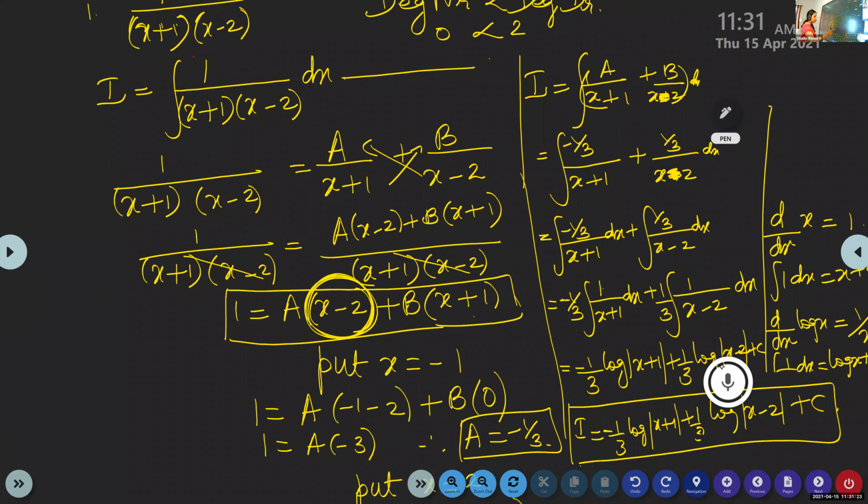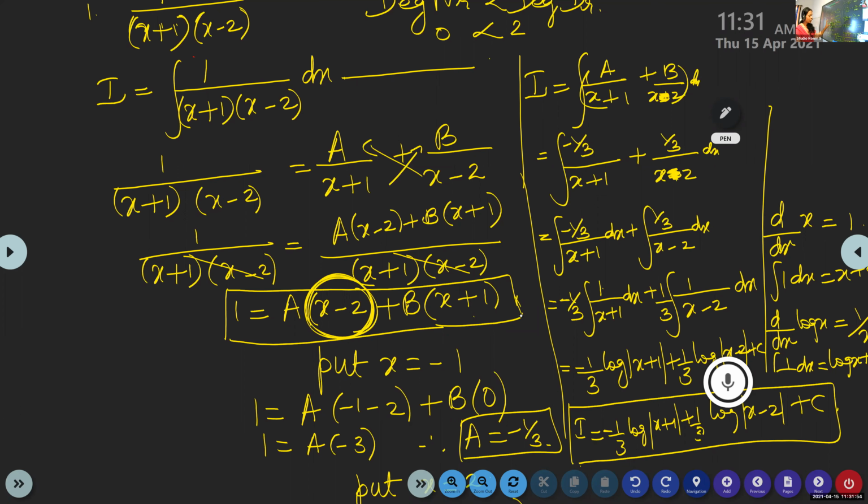Next, our aim is to find the constants A and B. In order to find the constant A, we should make B as 0. So we put x equal to minus 1 and find A. In order to find B, we should put some value of x so that A will become 0.